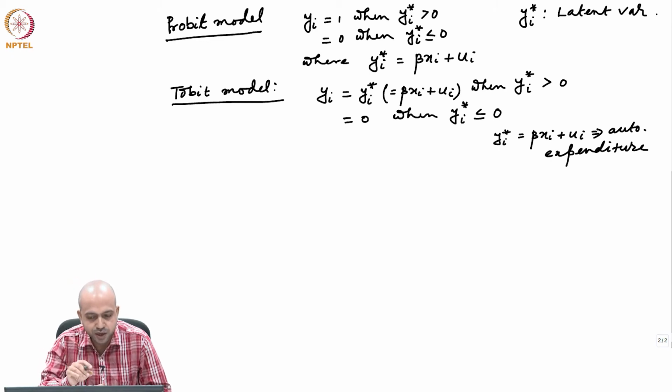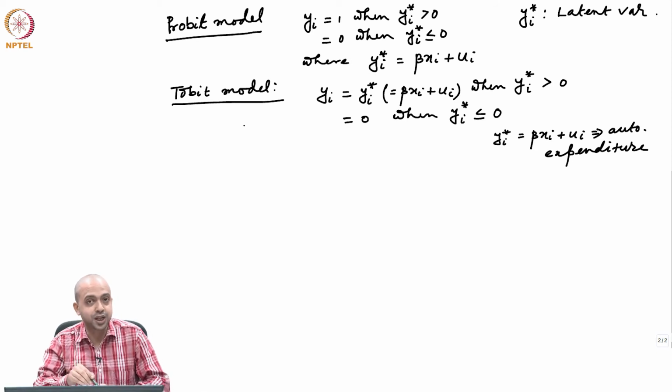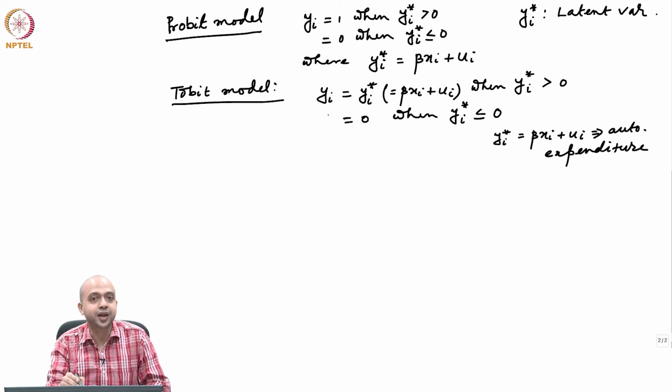In Probit, since we are interested in probability, yi takes only the values 1 and 0, but in Tobit, since our interest is to estimate the elasticity of automobile expenditure, I need an expenditure function yi star for yi. So, yi equals yi star when yi star is greater than 0, and for zero or negative expenditure we put 0.